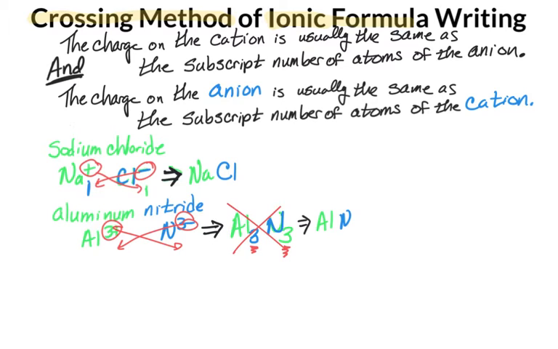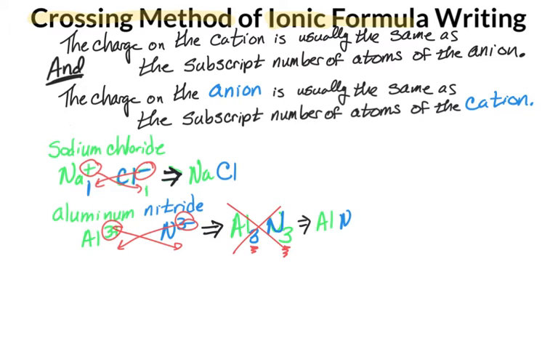Now let's try tin 4 sulfide. So the tin obviously has a 4+ charge, so Sn4+. The sulfide is S with a 2- charge. Using the crossing method, we see the 4+ from the tin goes to the bottom of the sulfide, and we see the 2- from the sulfide goes to the bottom of the tin.